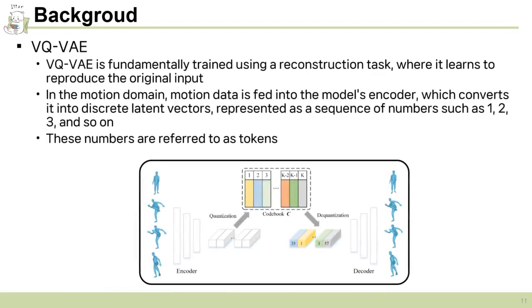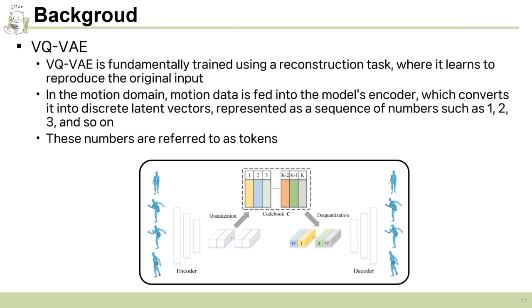VQ-VAE operates using a reconstruction task where it learns to reproduce the original input after converting it into latent tokens. In the case of motion data, the process starts by feeding 3D motion sequences into an encoder. These sequences are then broken down into discrete latent vectors, represented as a series of numbers such as 1, 2, 3, and so on. These numbers are what we refer to as tokens.